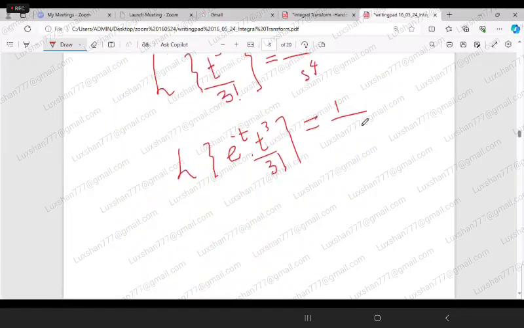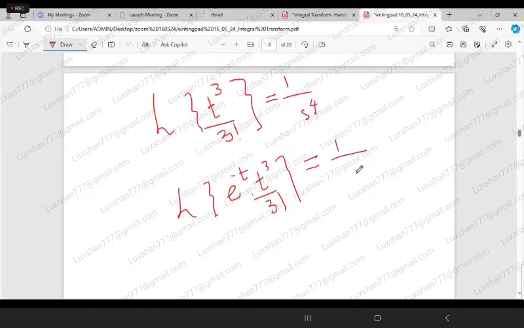So here we are having minus 1. Therefore, we are having s minus minus 1, that is equal to 1 over (s plus 1) to the power 4.